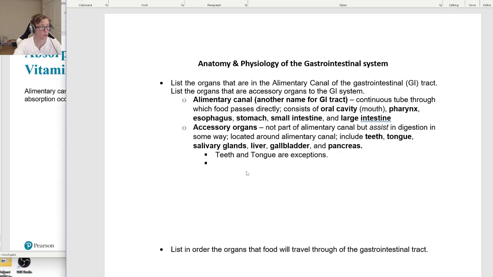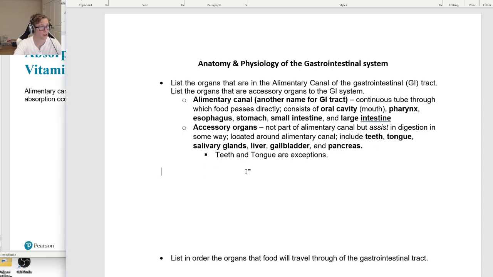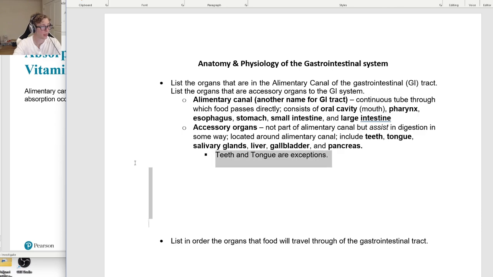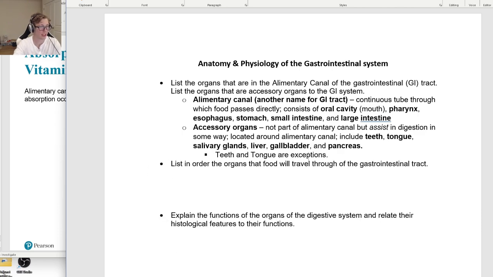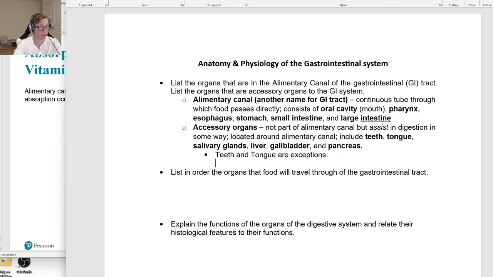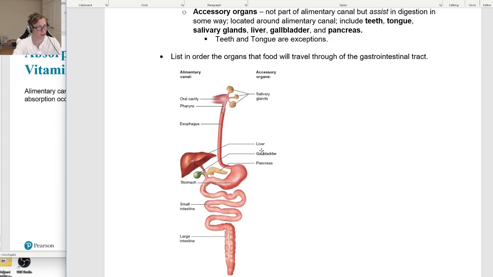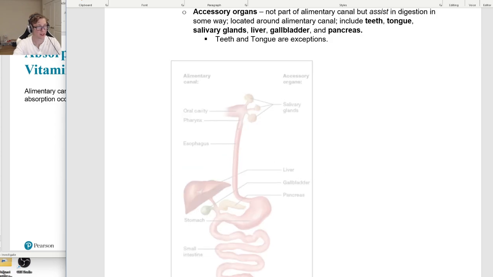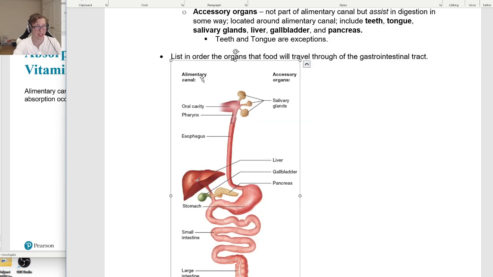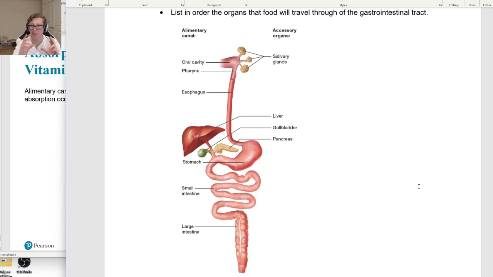Now, there is this really cool photo that will actually answer this. So, list the organs that food will travel through. This photo has the alimentary canal and the accessory organs, and you can actually see them divided up on the left side and the right side.